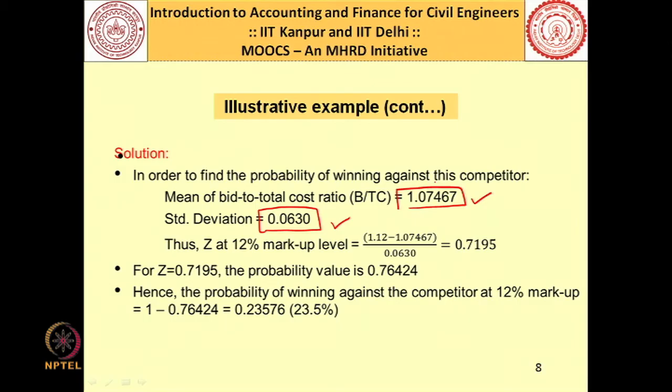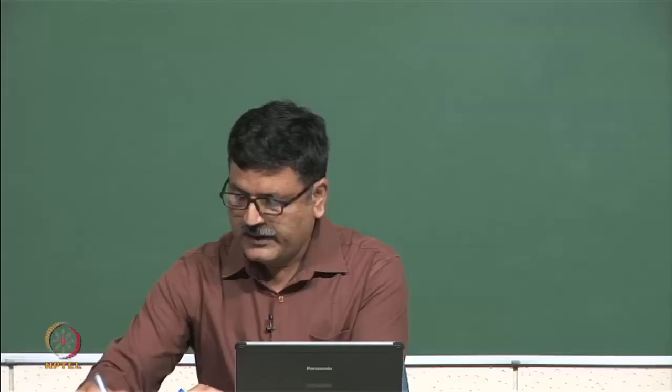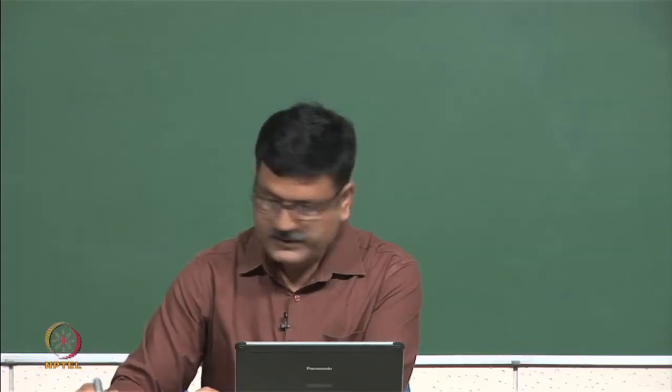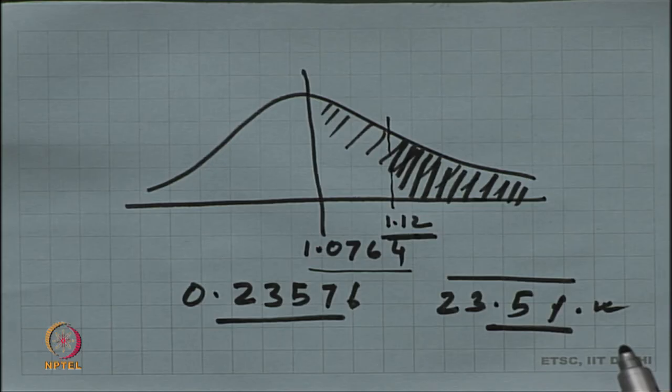Now, just to give you an idea of this normal distribution, it is like this, and you have already calculated the mean value as 1.0764. So, that means if you quote above this value, you have a less than 50% chance of beating this particular bidder.